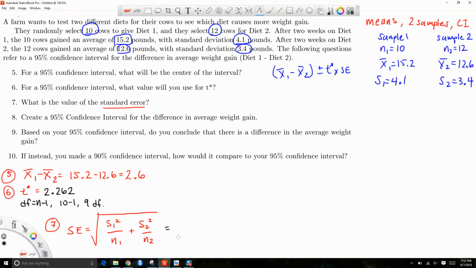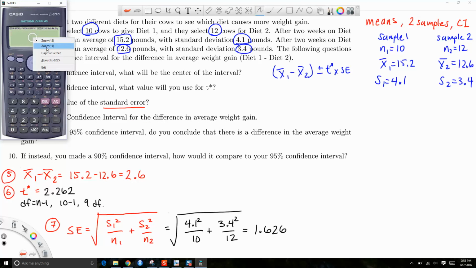Okay, so we just plug in, what do we have, 4.1 squared over 10 plus 3.4 squared over 12, okay, and we get 1.626.